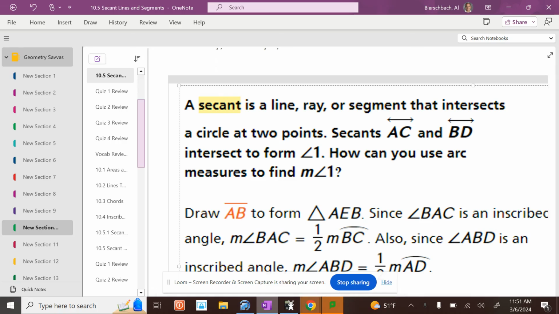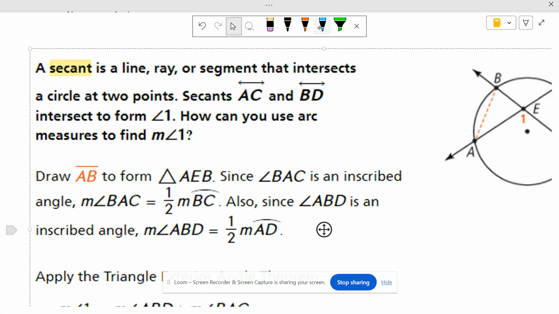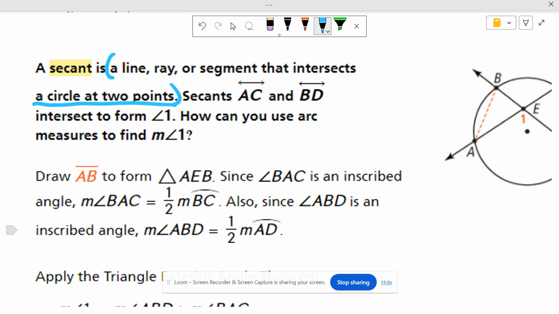A secant is a line, ray, or segment that intersects a circle at 2 points.